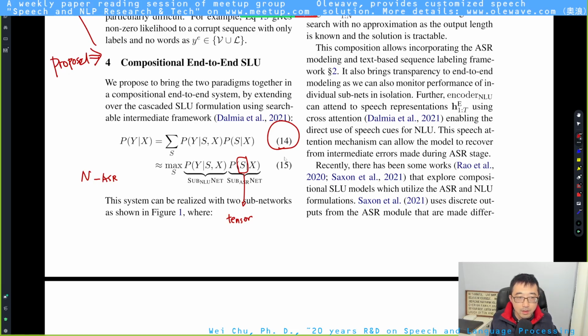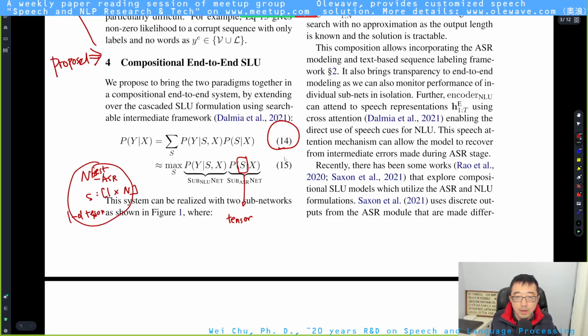It's a tensor. But while people weren't using the unbest ASR, S usually is a one-dimensional, one times n tensor. This is a 1D tensor. This is unbest.